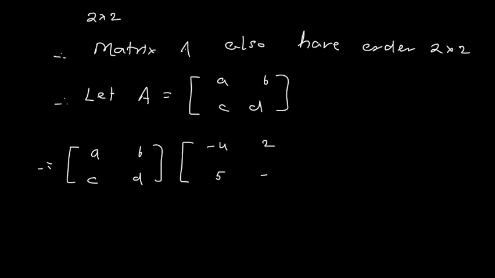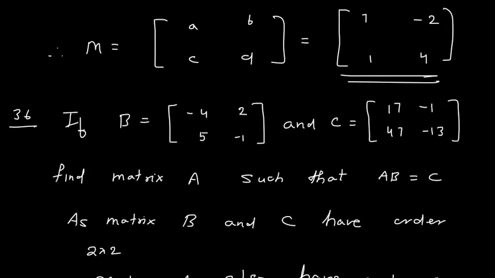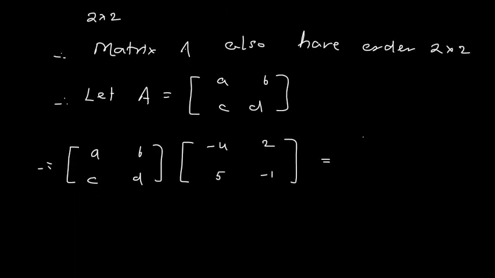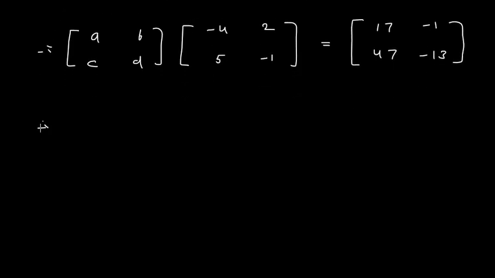So when we multiply, we will get [-4a + 5b, 2a - b; -4c + 5d, 2c - d], and this is equal to [17, -1; 47, -13].